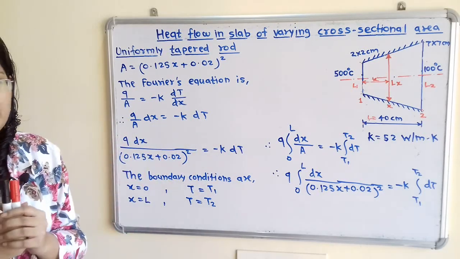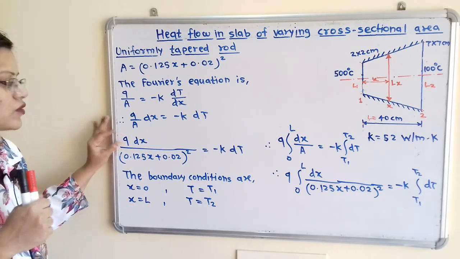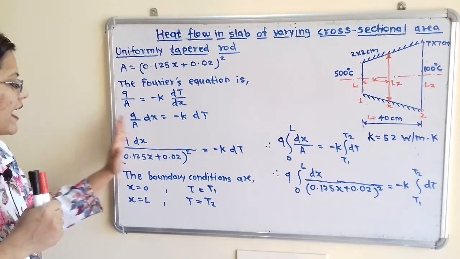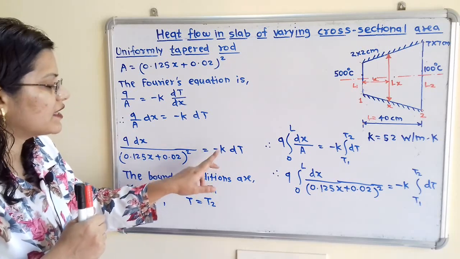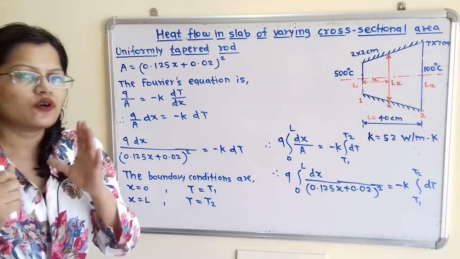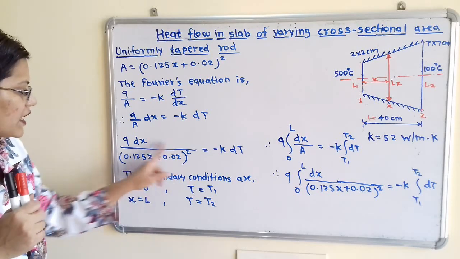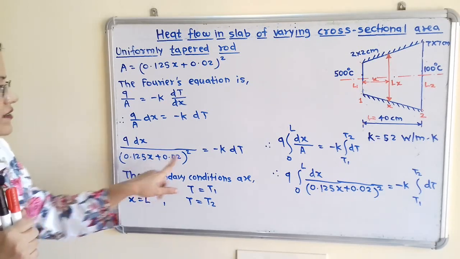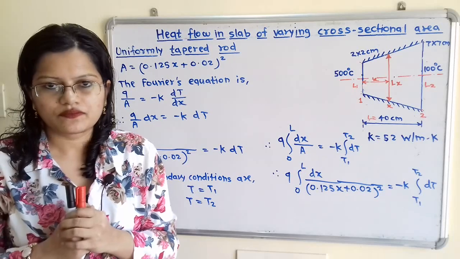We also come to know that q is not a function of x, so we take this q outside, and the thermal conductivity k is also not variable. So only two terms are variable: the denominator, which is made up of the variable x, and the temperature dT.